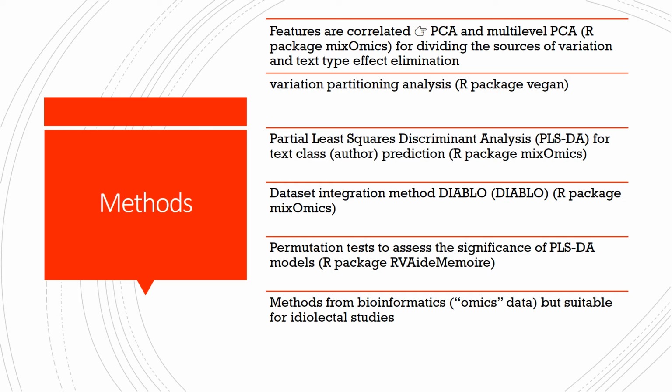As an analytical tool, methods for multivariate data analysis as implemented in our package mixOmics were used, namely PCA for assessing the main source of variation and its supervised version, PLS-DA, used as classifier. We also used multi-level PCA for eliminating the effect of genre.